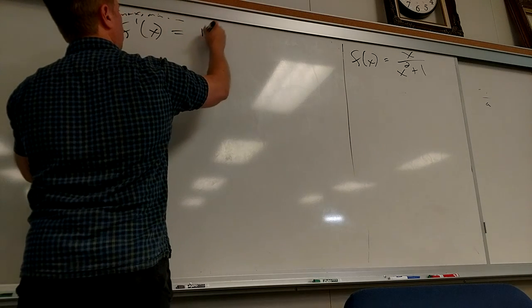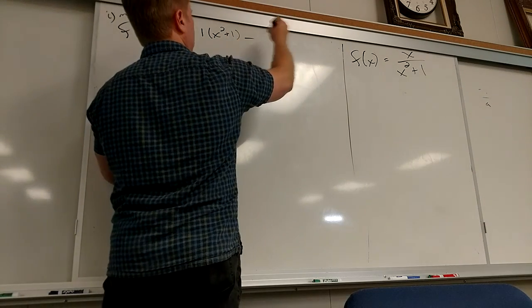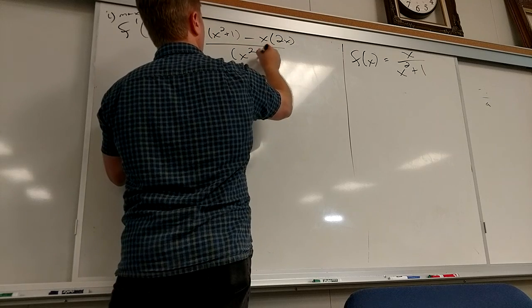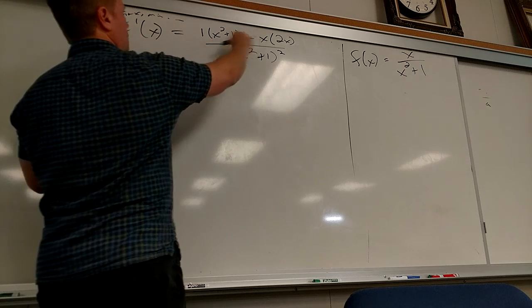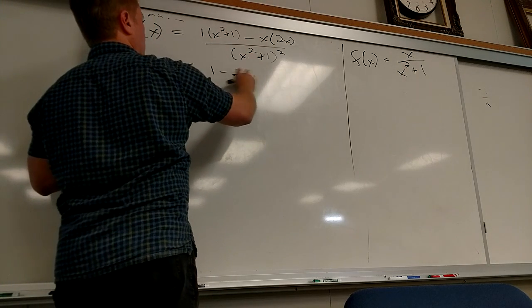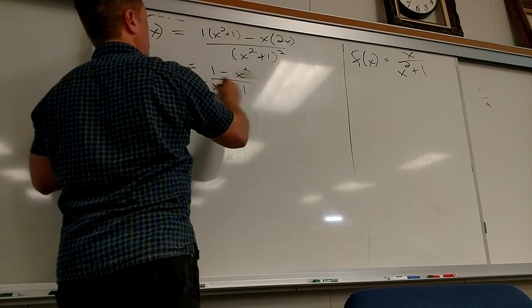So it'll be top derivative times bottom, minus top times bottom derivative, all over bottom squared. So I get x squared plus 1 minus 2x squared, so I get 1 minus x squared, times 2, over x squared plus 1 squared.